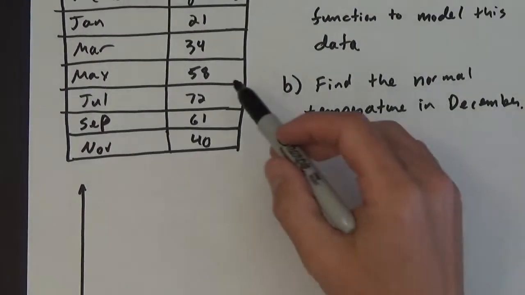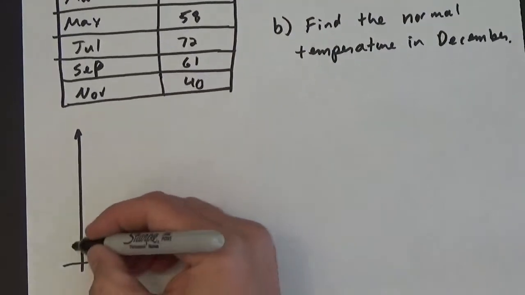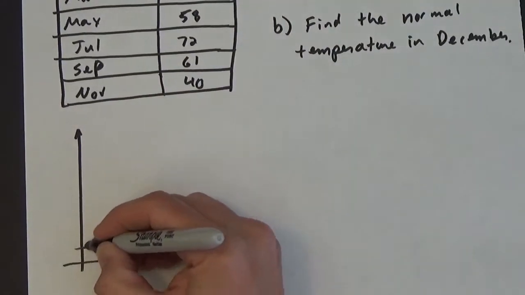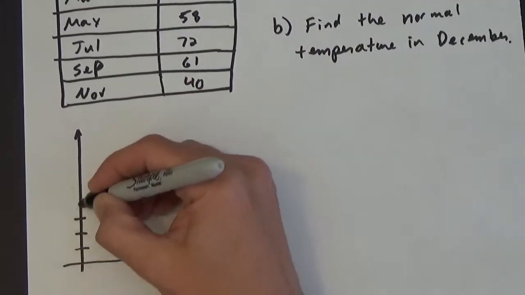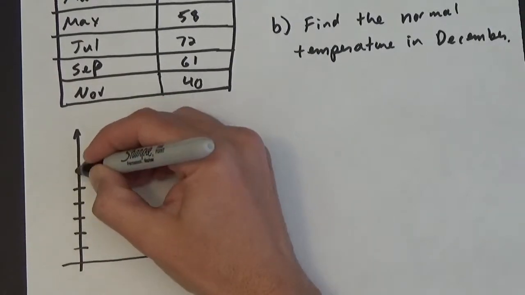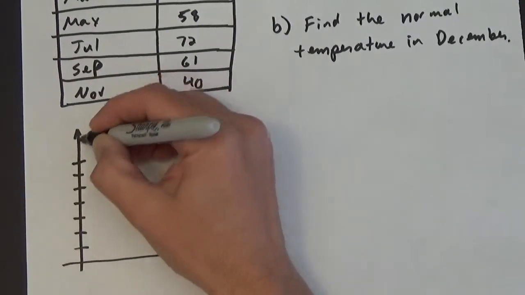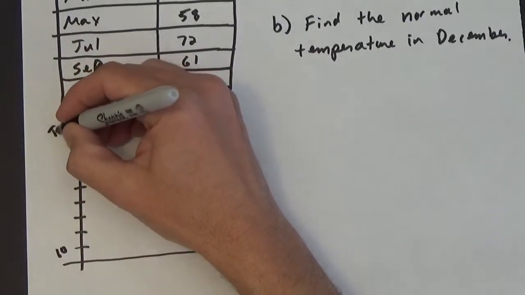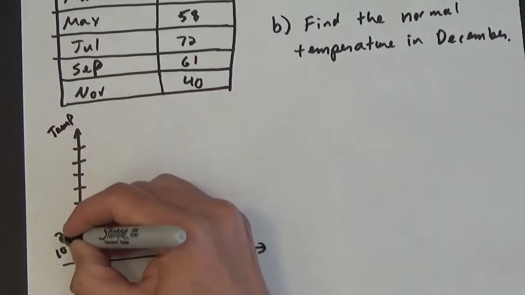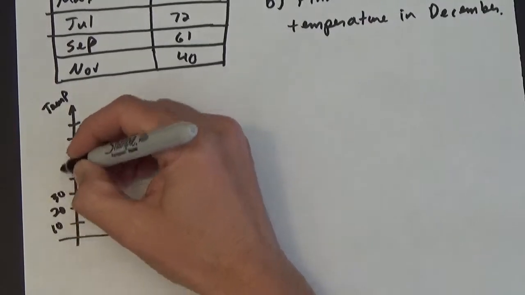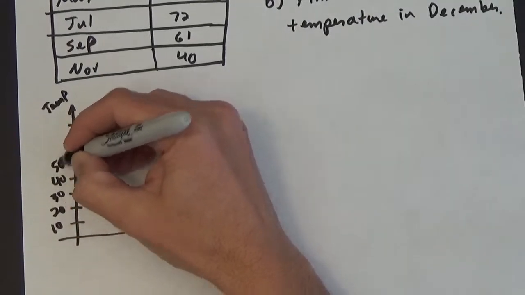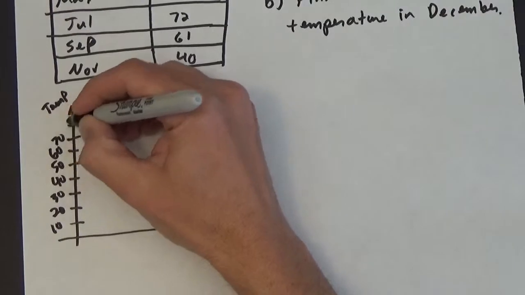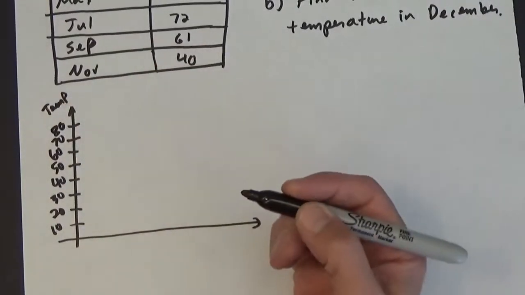All right, now we go up to about 72, so let's see here. 10, 20, 30, 40, 50, 60, 70, 80. So this is going to be temp.